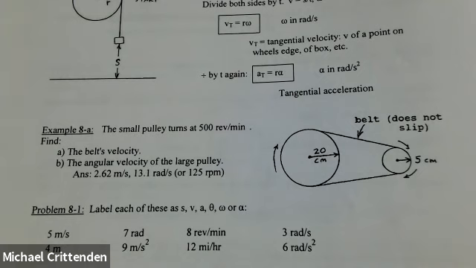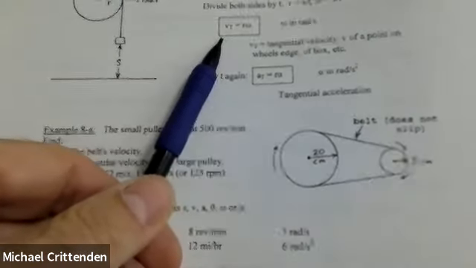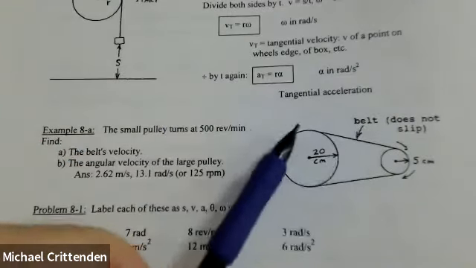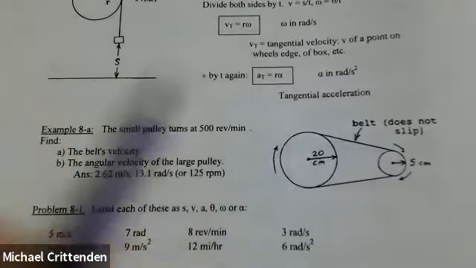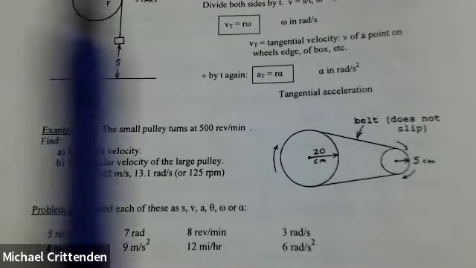So the first part asks to find the speed, or I guess technically the right word would be the speed of the belt. For both parts of this, what we're going to use is v equals r omega. This thing here that is almost but not quite disappearing off the top of the picture, the small one.